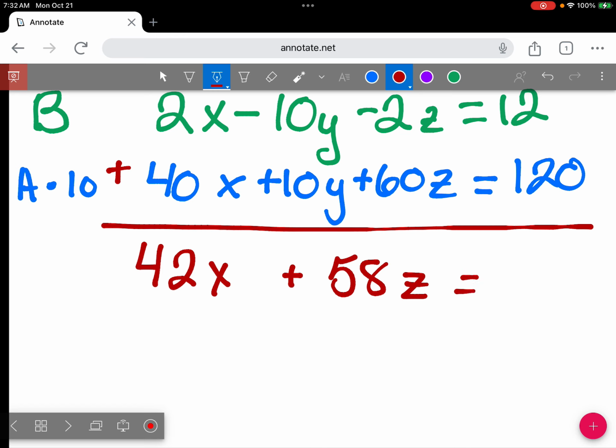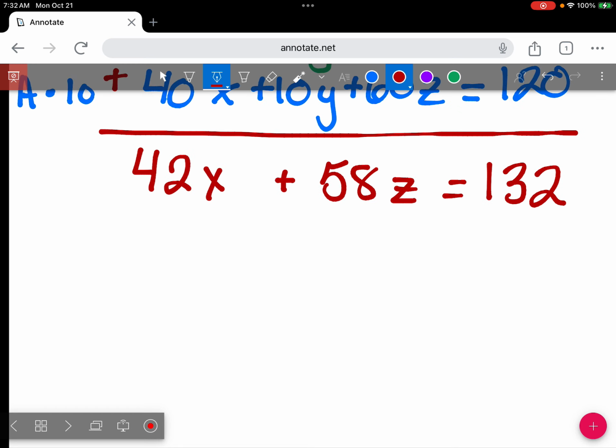And that's going to equal 132. So I used my A equation and my B equation, and I got this. Questions on what I did in any of the pieces there?